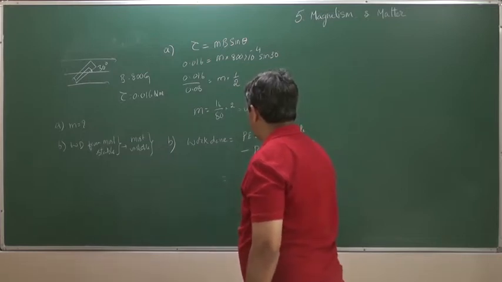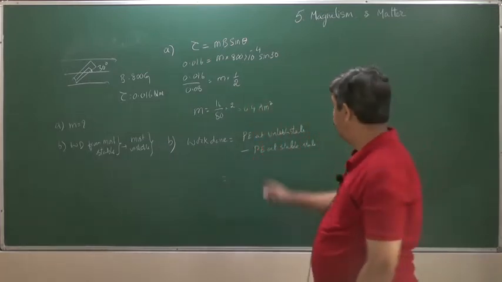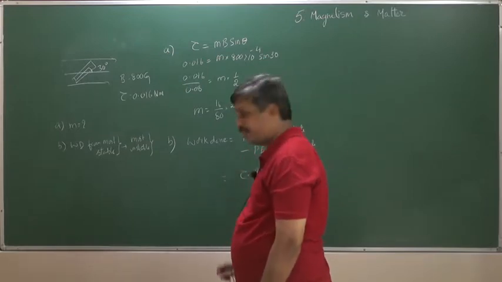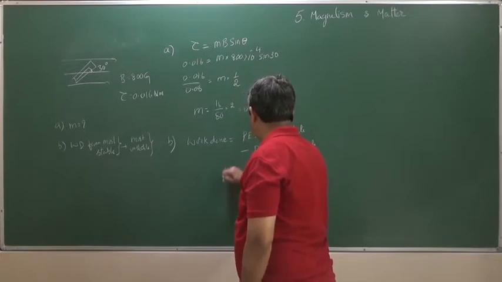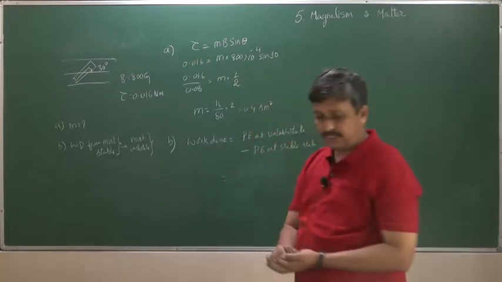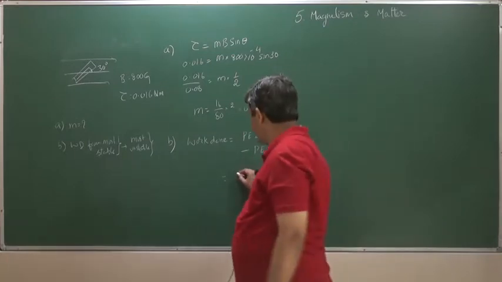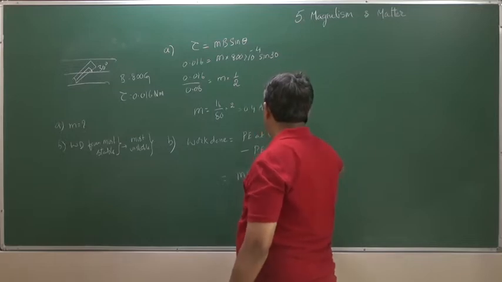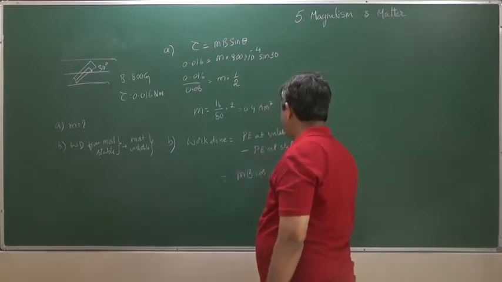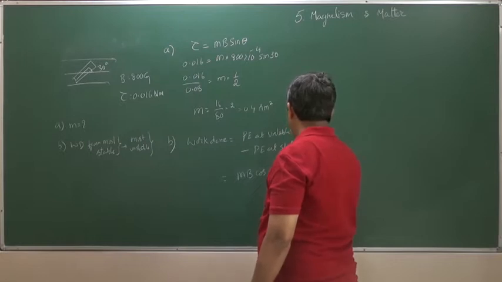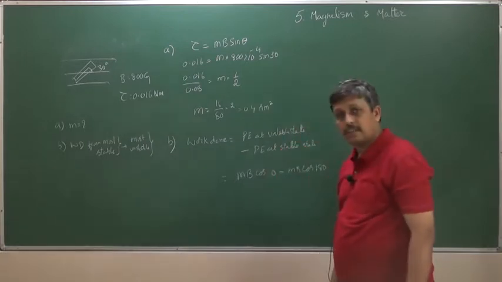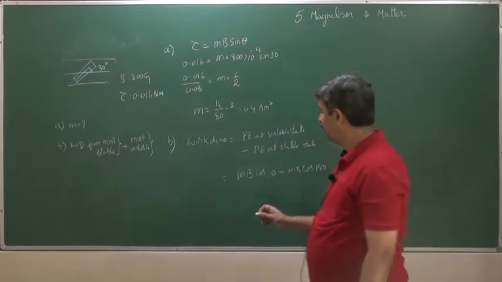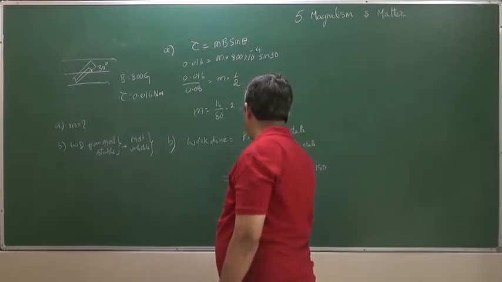The potential energy we just calculated as minus m dot B, so minus m into B into cos theta. In this case, it is m B cos 0 minus m B cos 180. Cos 0 is 1, cos 180 is minus 1, and minus of minus 1 is 2. So this is basically 2 MB.